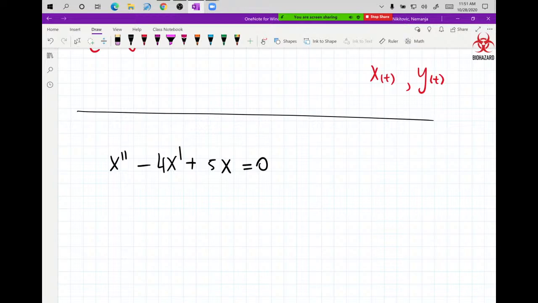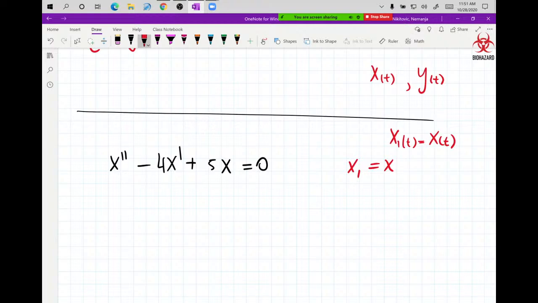Now, how's that achieved? So you start with writing that your x1, now this is what we are learning, is x. Guys, these are all functions. This is me writing x1 of t equaling x of t. And I'm just dropping this notation for t's. These are not variables, these are functions.